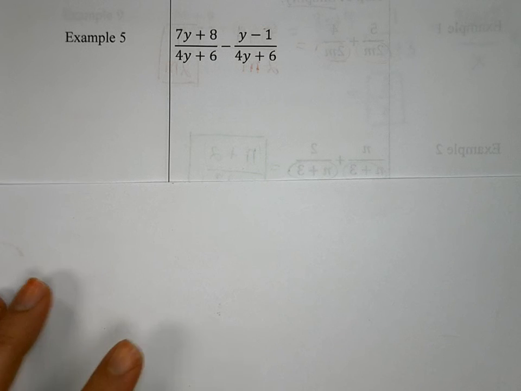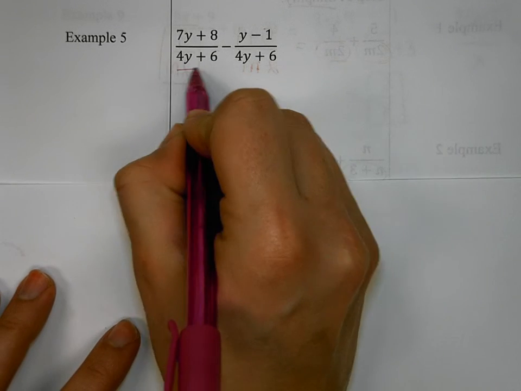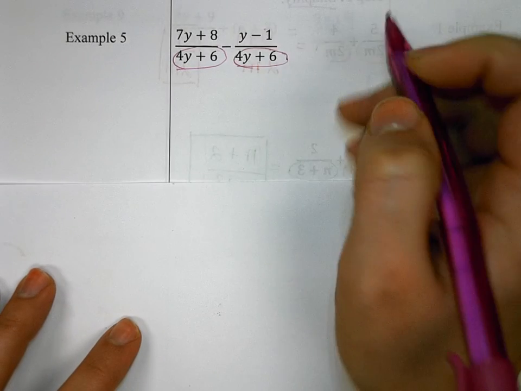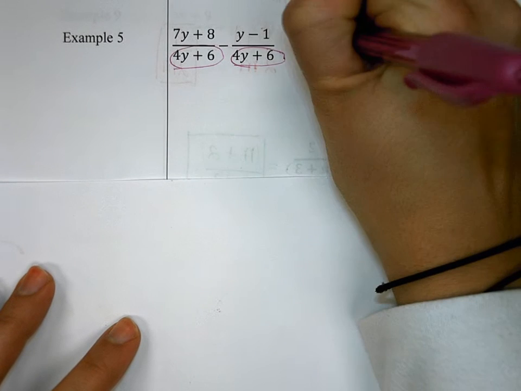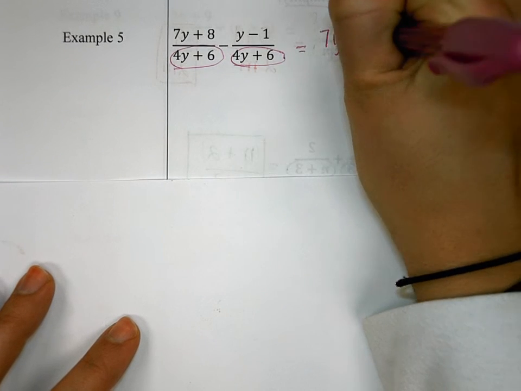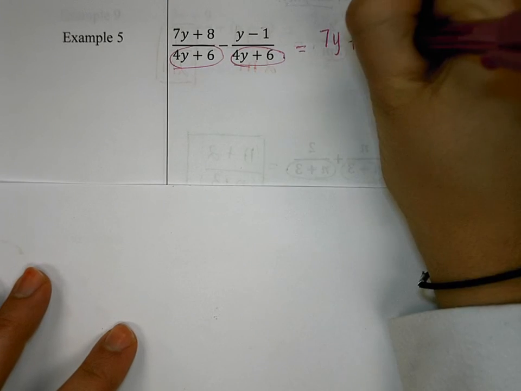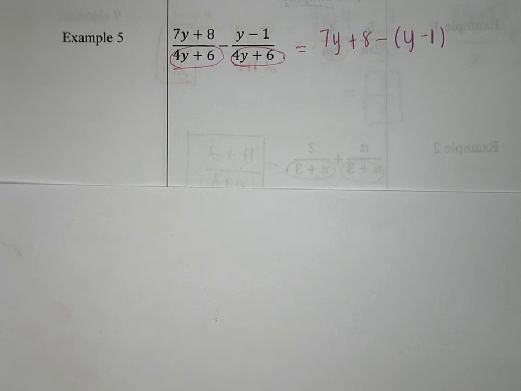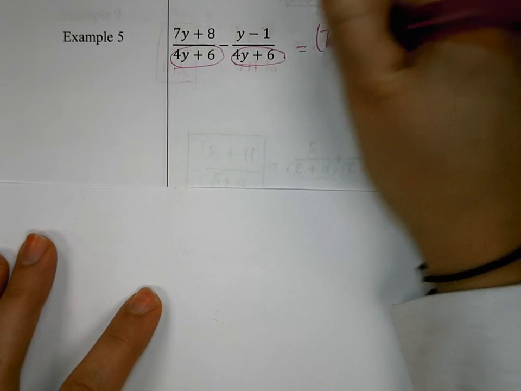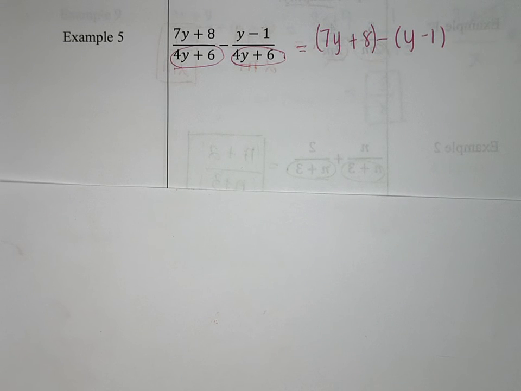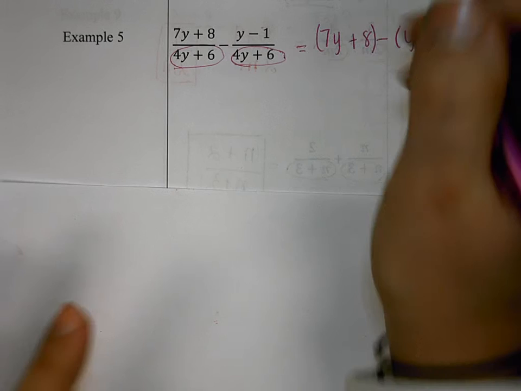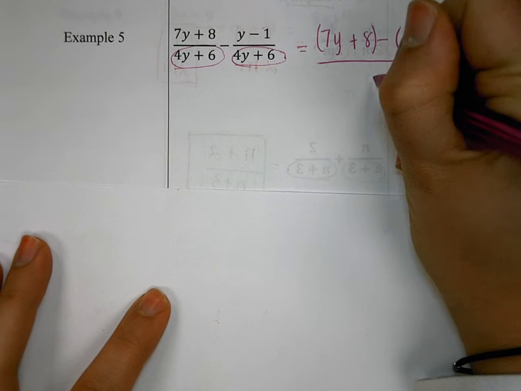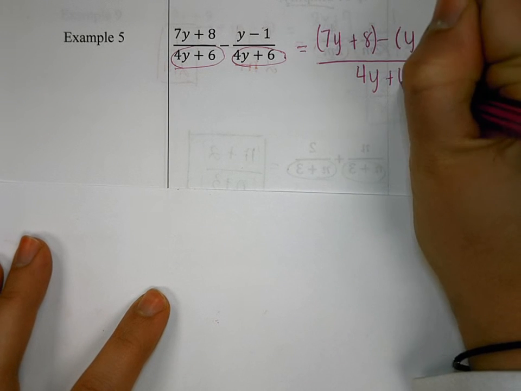First thing I need to figure out is, do I have a common denominator? Yes. 7y plus 8 minus, in parentheses, y minus 1. 7y plus 8 technically is in parentheses as well, but we really don't have to write it, right? All over 4y plus 6.